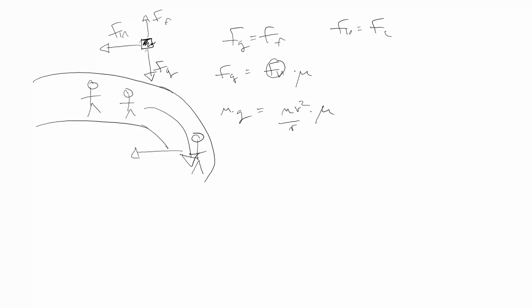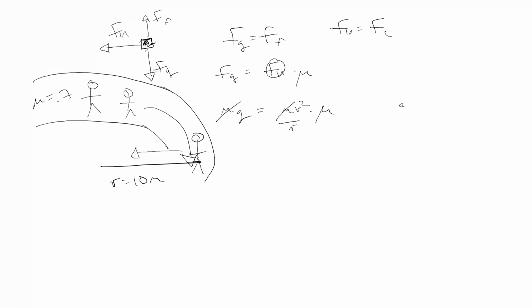So let's say the mu value over here is 0.7 and my radius was 10 meters. So we'll look to solve with these values. Once again, we're solving for the minimum velocity. What happens to the mass of the guy? Doesn't matter. It cancels out.